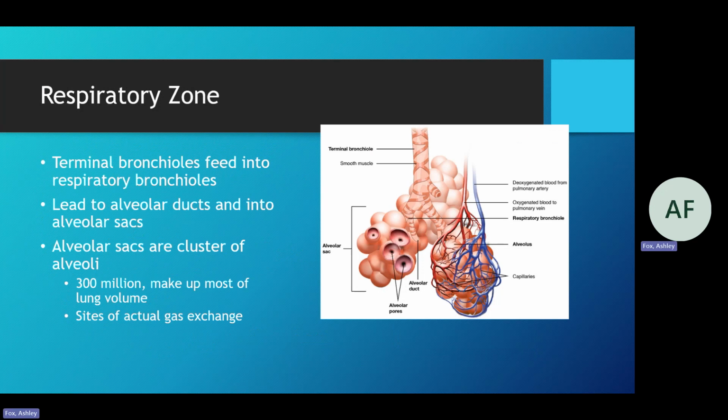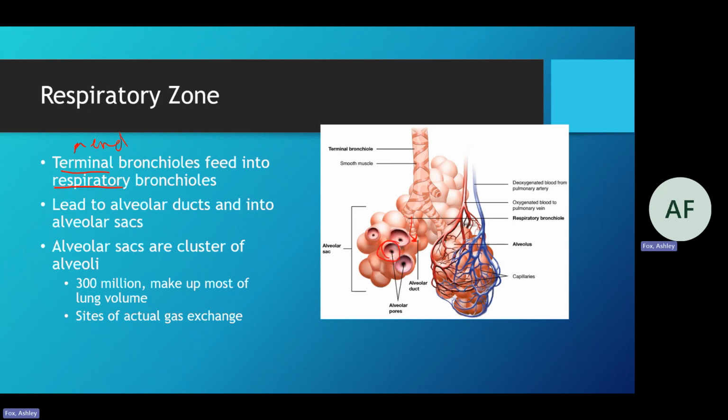Again, respiratory zone. Now we've gone from bronchioles to terminal bronchioles. Terminal means the end. That's going to go into respiratory bronchioles. So we go terminal and then we go respiratory. Respiratory bronchioles go into alveolar ducts. This is showing you a respiratory bronchiole into an alveolar duct into the alveolar sacs.